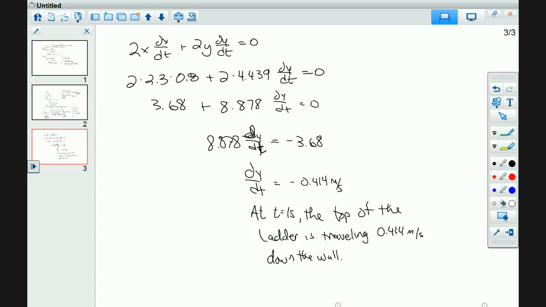Very specific. Why did I not put a negative here? Exactly. If I had put a negative and down, guess what?